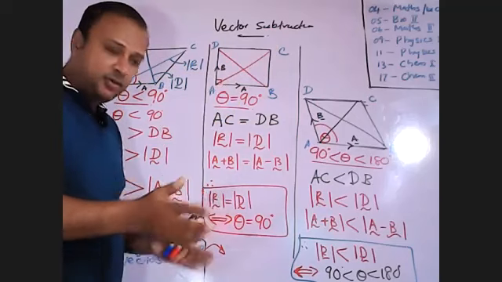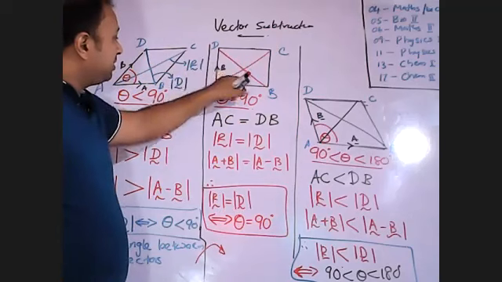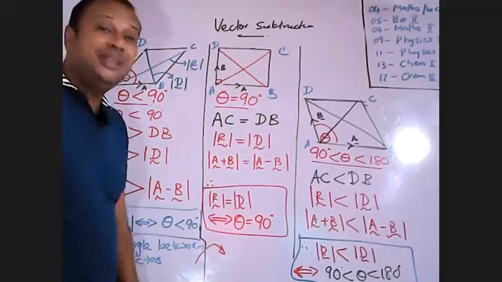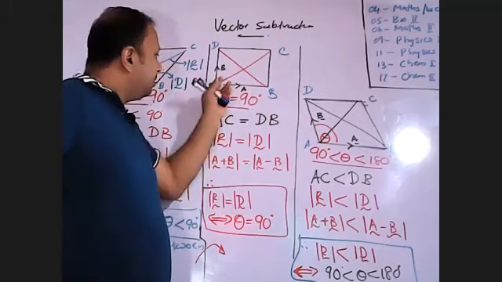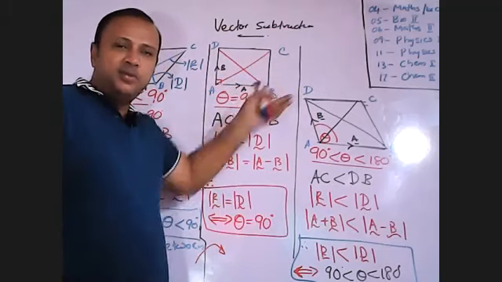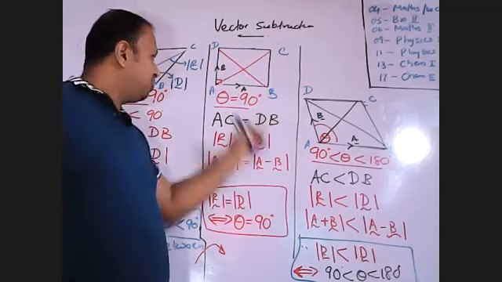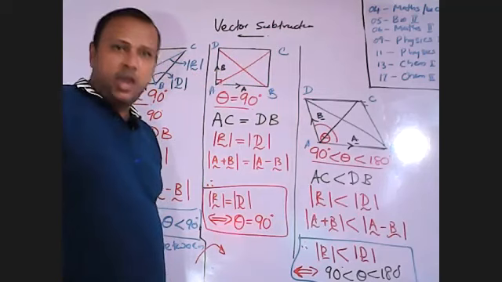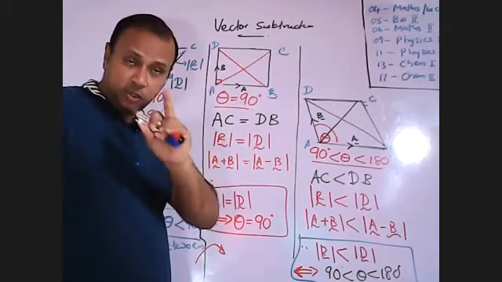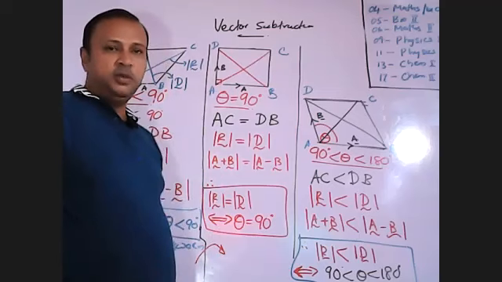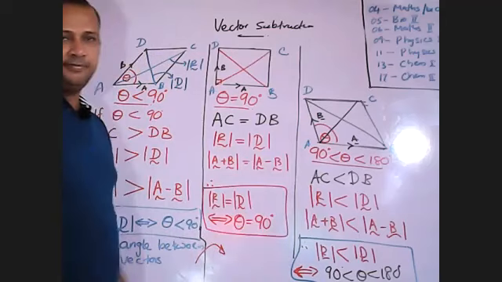The magnitude of resultant force is equal to magnitude of difference means these two diagonals are equal in length. If these diagonals are equal in length, that means the parallelogram should be either square or rectangle. If it is a square or rectangle, that means this angle should be equal to 90 degree. Same thing here.